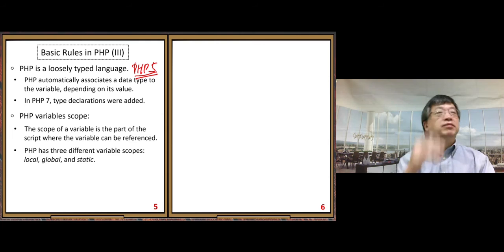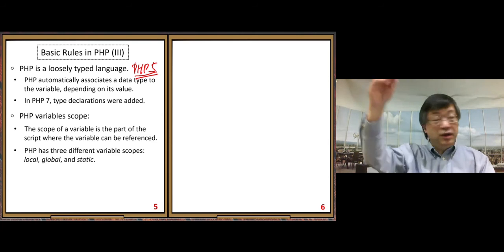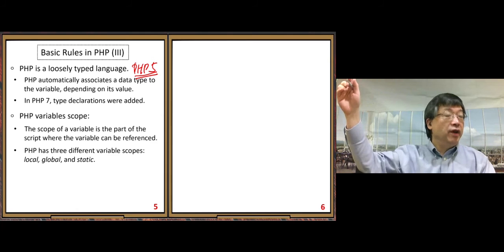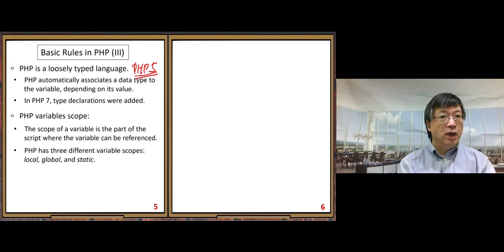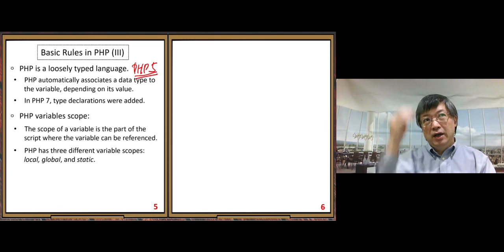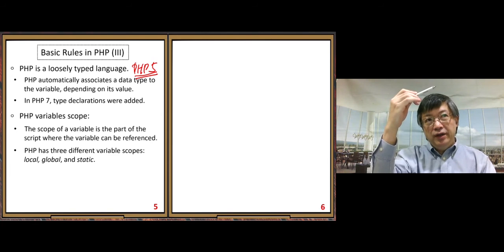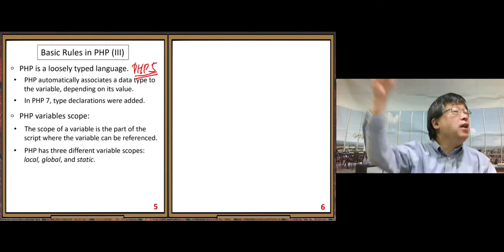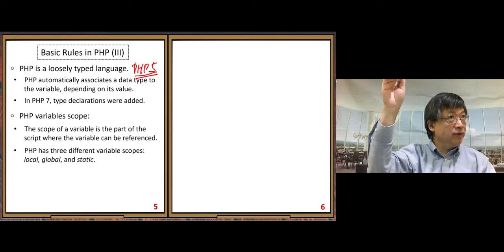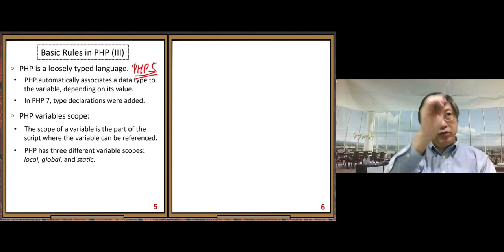First one, local scope. We're familiar with that. When we define a function, inside a function we use many local variables. Then global variables. We declare those variables outside any functions, global. The rules we will look at later.